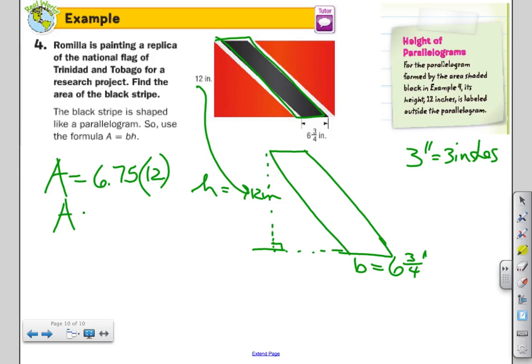You can punch that into your calculator, and 6.75 times 12 equals 81. So 81 what? 81 square inches. Or you could say 81 inches squared. It means the same thing.